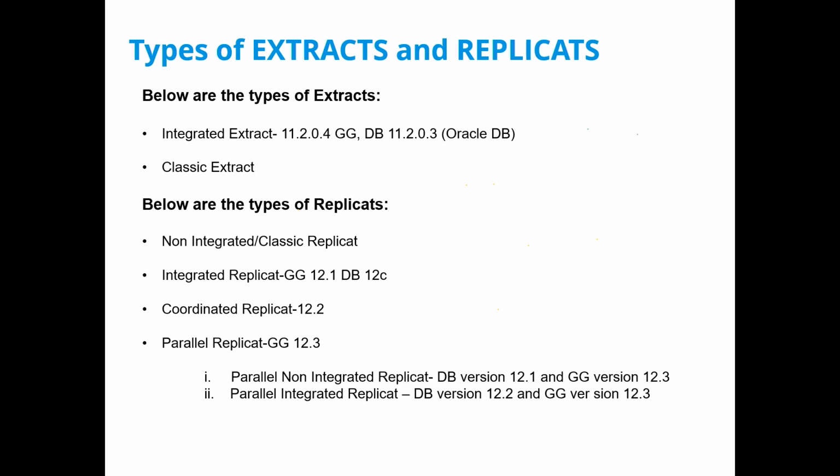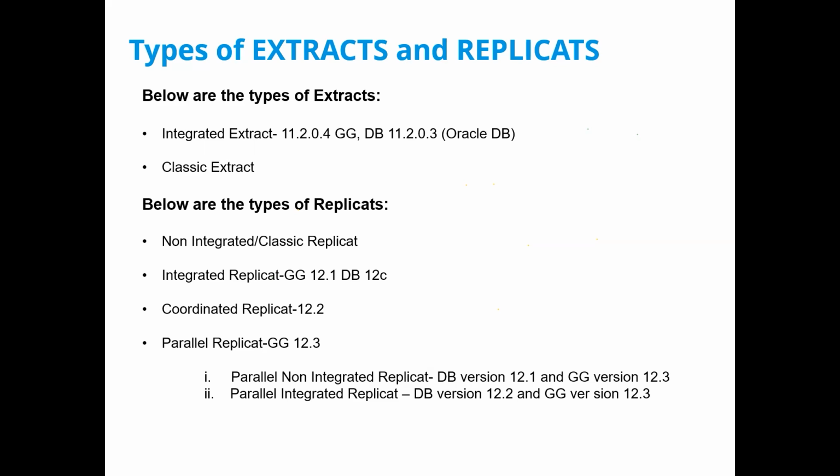Once integrated was launched, they renamed it to classic architecture. So the different types of extract include integrated extract, which needs GoldenGate 11.2.0.4 and database version 11.2.0.3, and then the classic extract, which is supported. Remember one thing: with multitenant architecture, which is the pluggable container, classic extract is not supported. You have to use integrated.